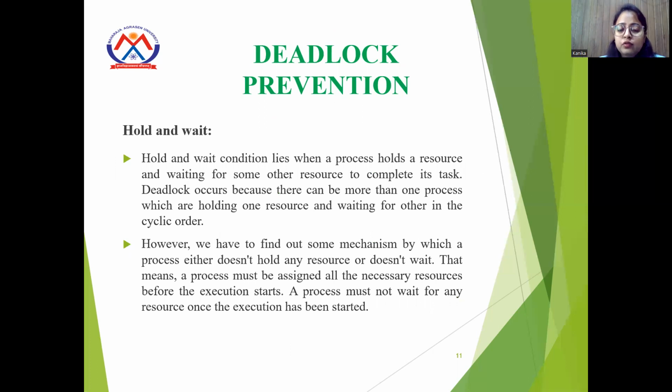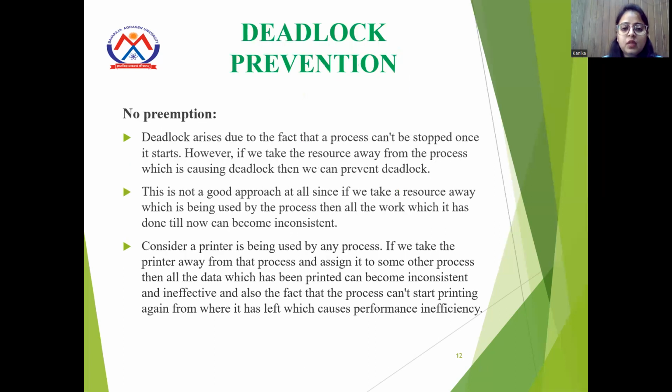However, we have to find a mechanism by which a process either doesn't hold any resource or does not wait. That means a process must be assigned all the necessary resources before the execution starts. A process must not wait for any resource once the execution has started.